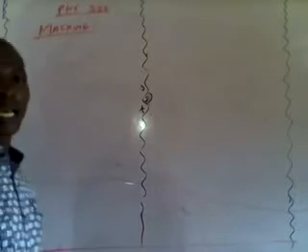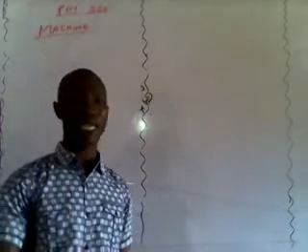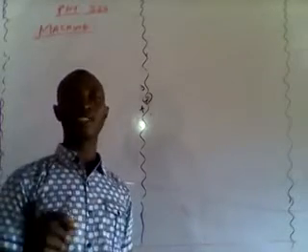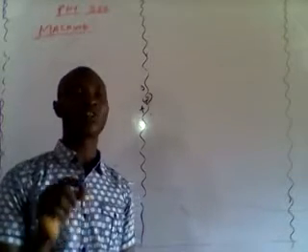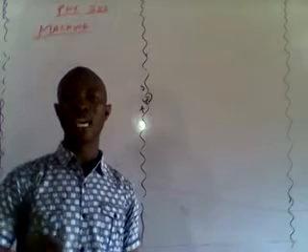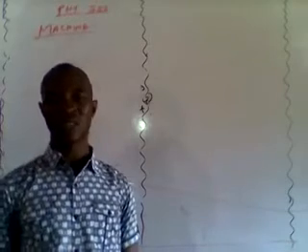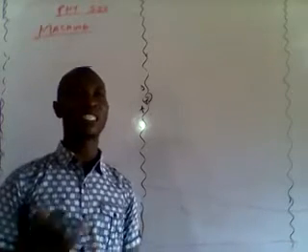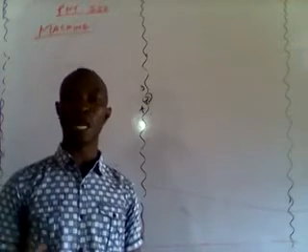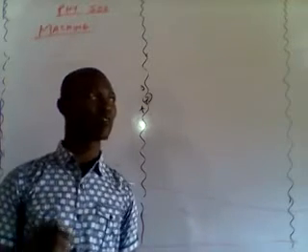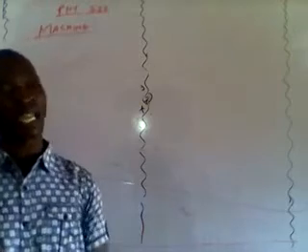We can also explain the meaning of machine as any tool or device which can allow an effort to be applied at one end in order to overcome a resisting force. The resisting force is called the load, and this load must be at the other end of that machine. I repeat, a machine is a device or tool which will allow an effort to be applied at one end in order to overcome a resisting force at the other end.